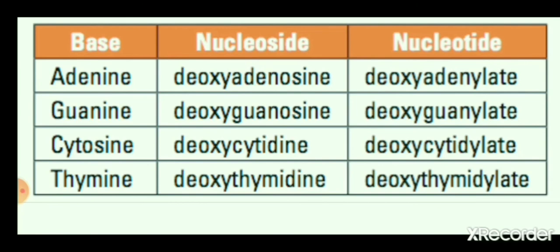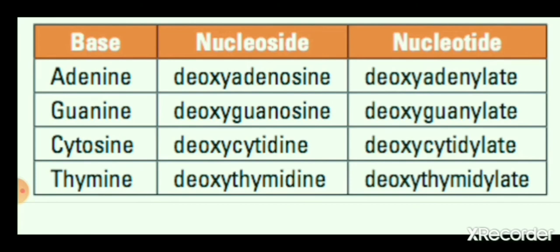So when deoxyribose sugar plus base, that means the nucleoside, is attached with a phosphate group, it is called a nucleotide. The nucleotide for adenine is deoxyadenylate. In this picture you can see that in the first row. It is also called deoxyadenylic acid.